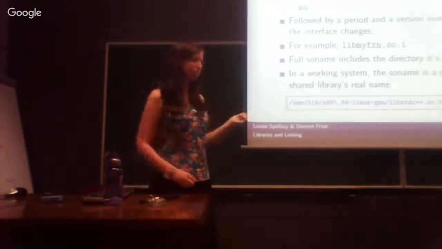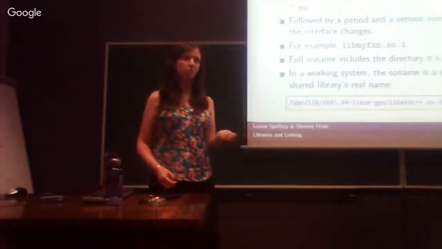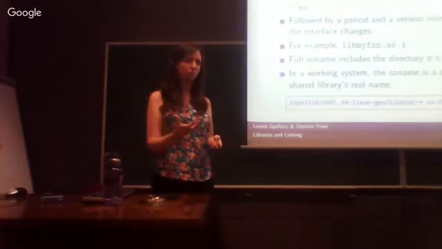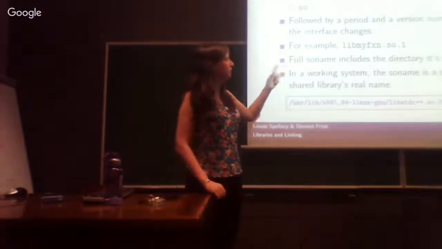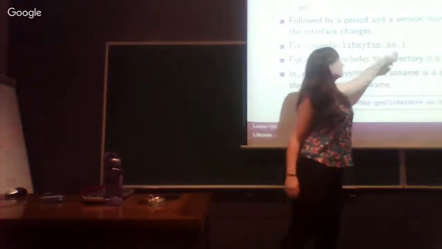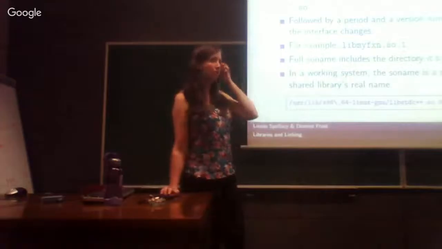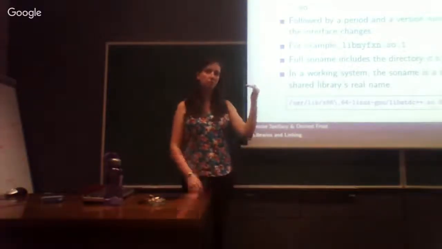In my notation, I was using libmyfunctions.so, so the name of my library is myfunctions. This is then followed by a period and a version number, incremented when the interface changes. So we've got libmyfunctions.so followed by the incremental number. If you've made major changes to your code, you might increment that number.